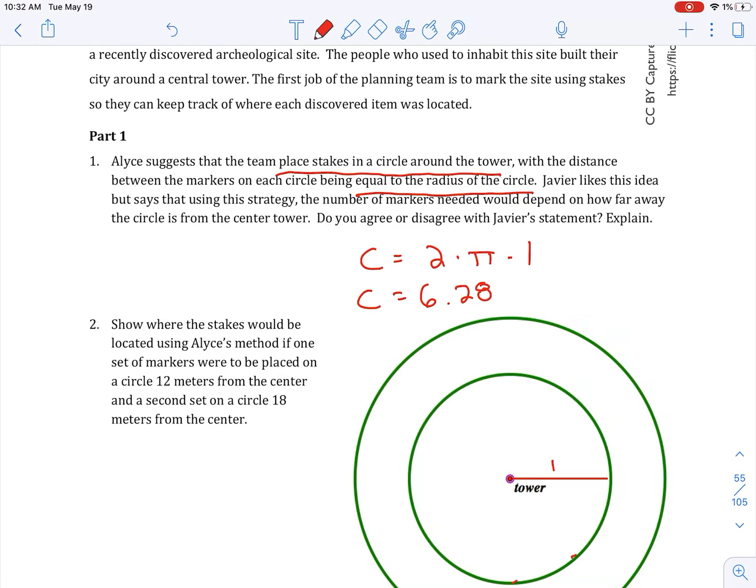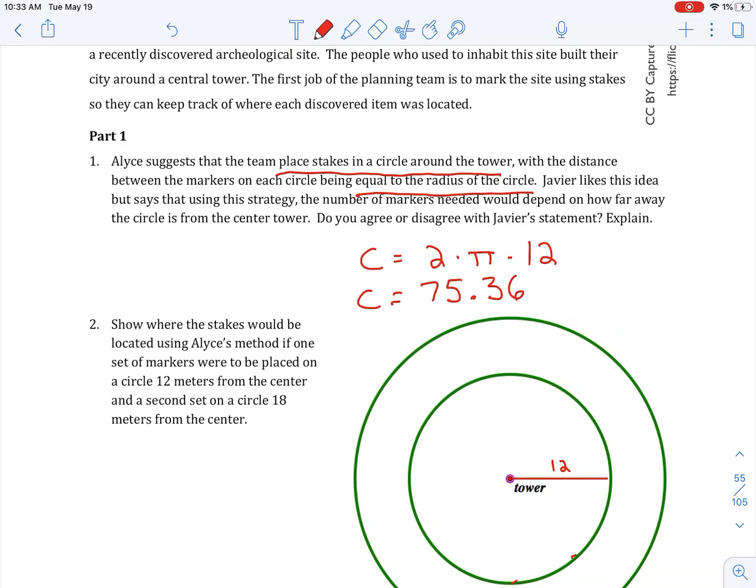Now let's think about it if it's 12. If that's 12, what now is my circumference? Well, it would be 2 times pi times 12, which I think is 75.36. But let me just confirm that. So 2 times pi times 12 is 75.36. So that's the circumference, right?